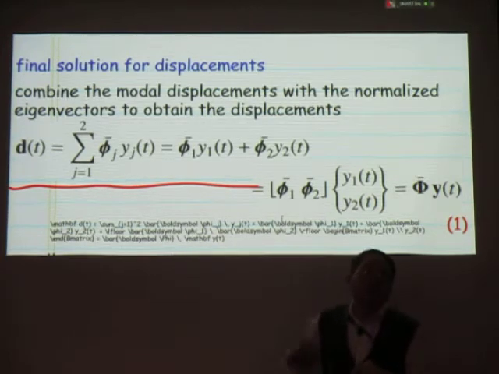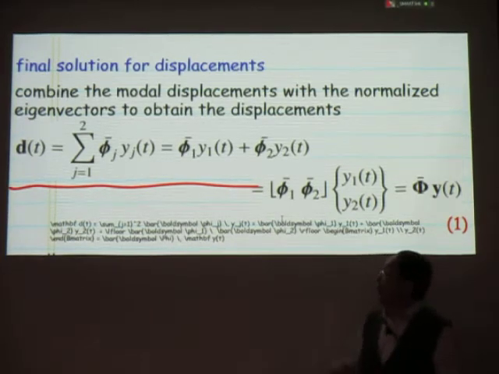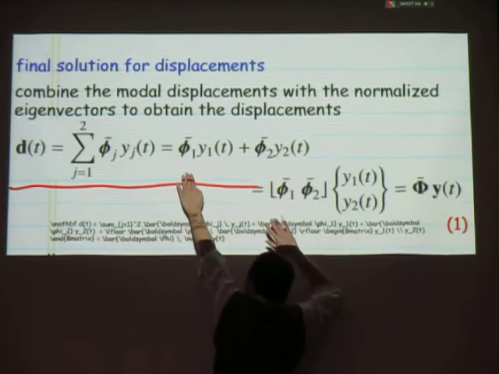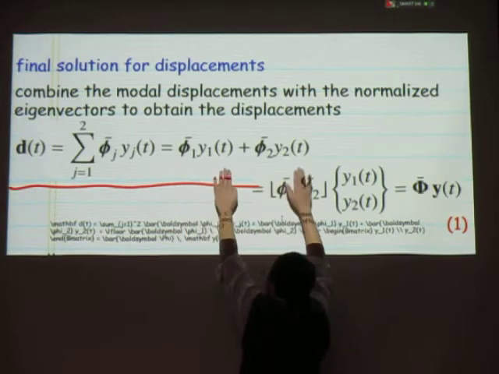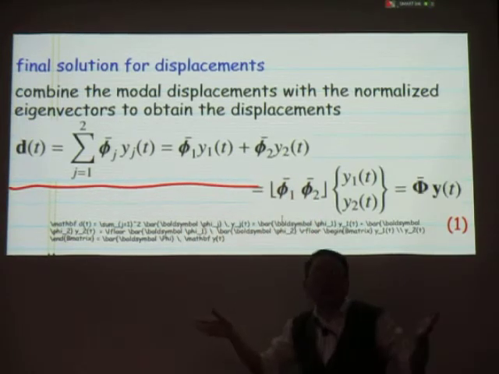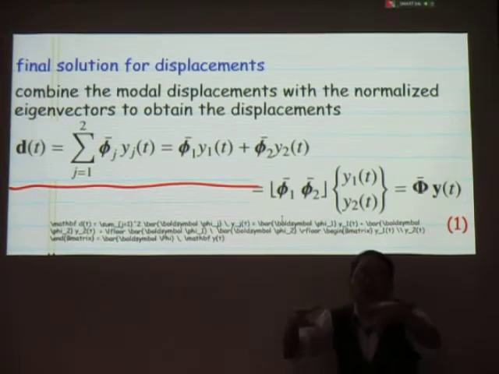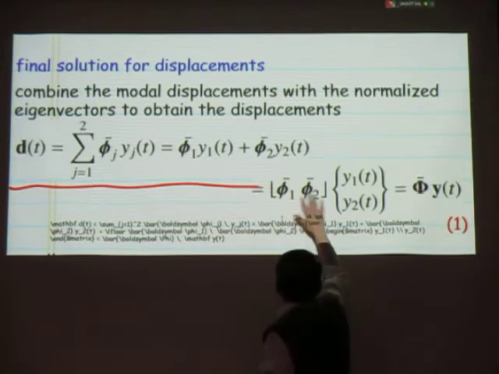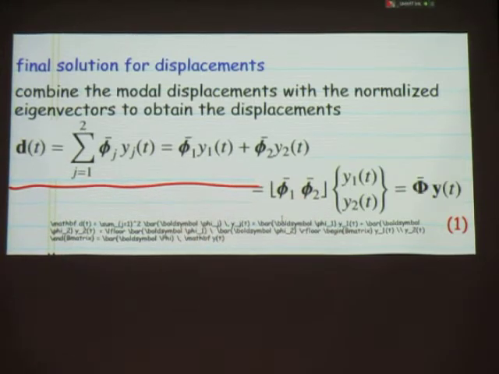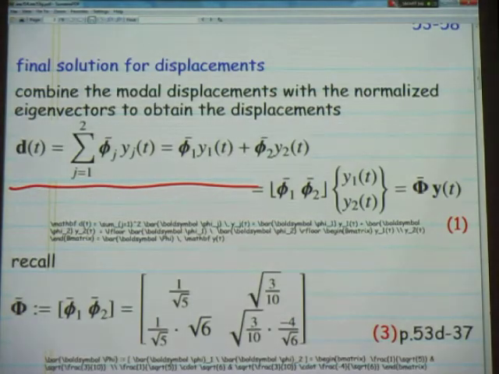This is section 53G. So now we have everything. We know the eigenvectors, and we know the expressions for the modal displacement or modal coordinates. All you need is just to plug in the expressions, and that's what is done down here.